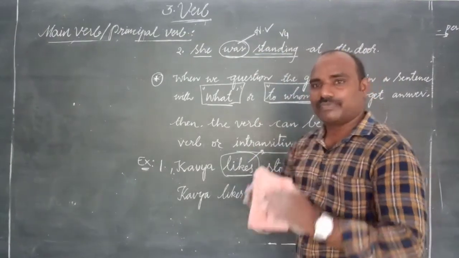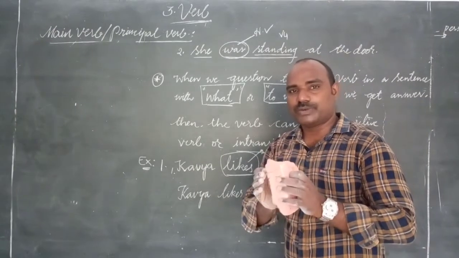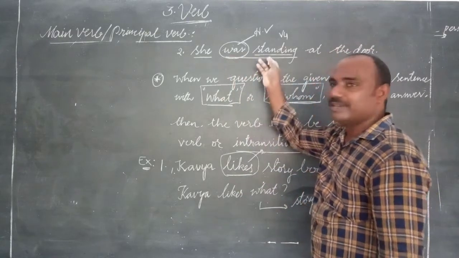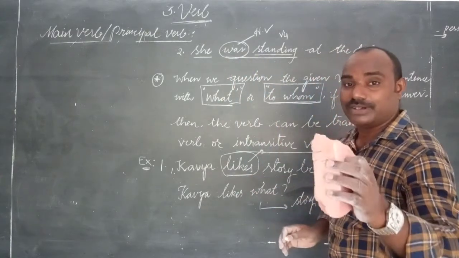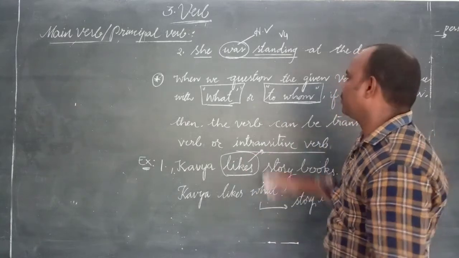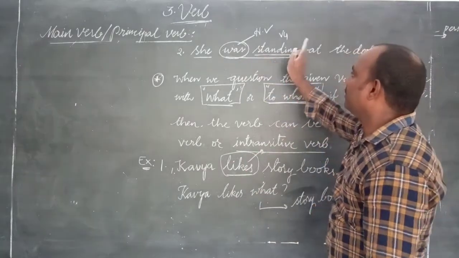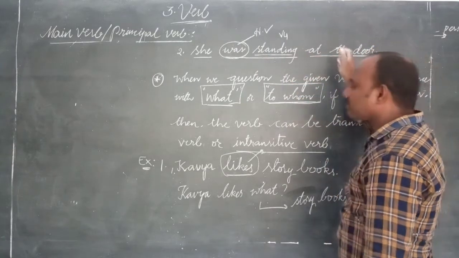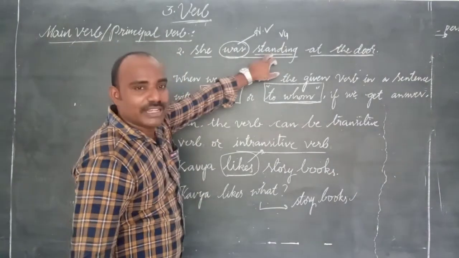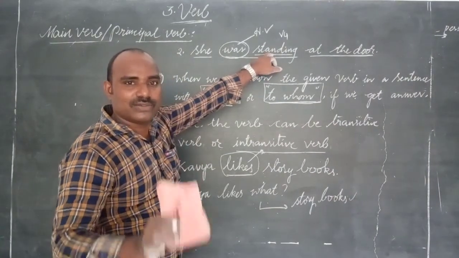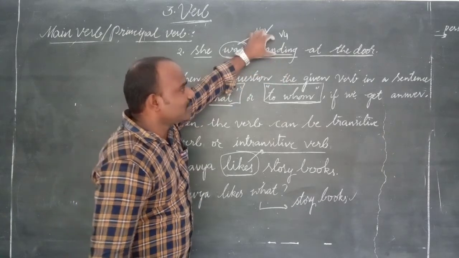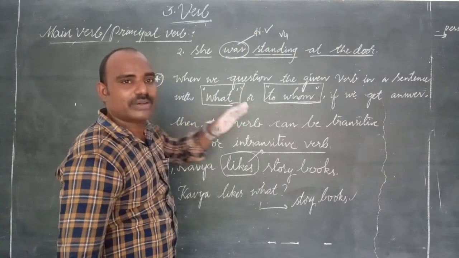Phrase means a group of more than two words. Was standing is the verb form, followed by at the door. We have to decide. This is the main verb stand: stand, stood, stood, standing. Identify whether this verb, stand, is transitive or intransitive.